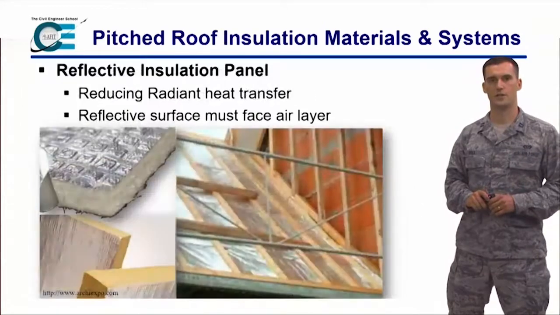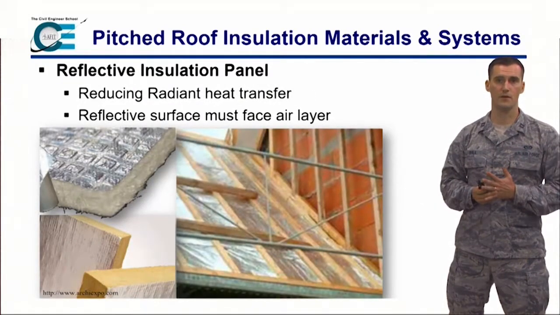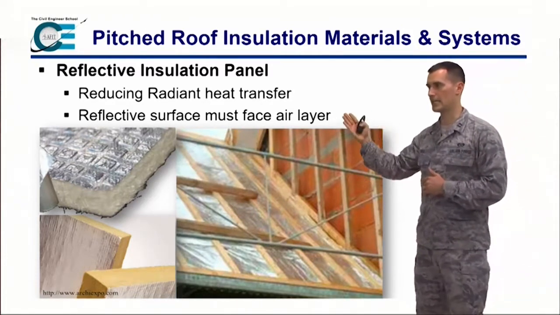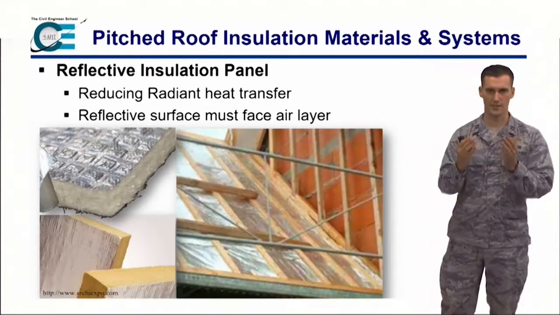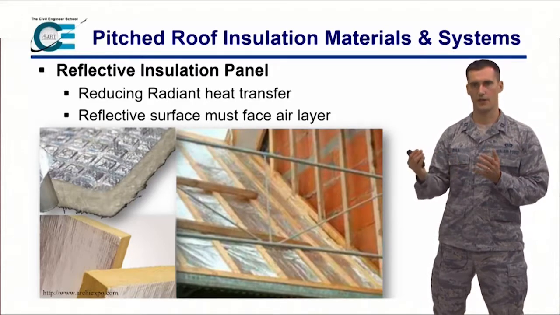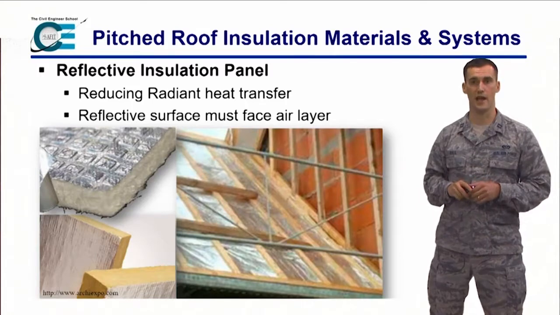The other thing we can add in addition to a vapor barrier right on that insulation is a reflective insulation panel. We talked about before that sun beating down. As temperatures get hot, energy is going to travel through radiation as well.